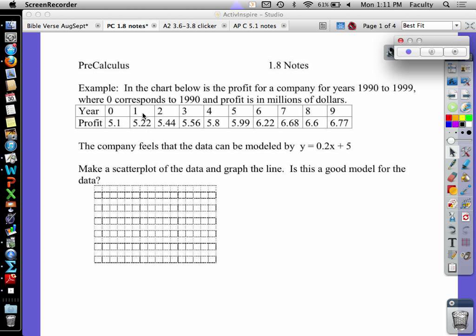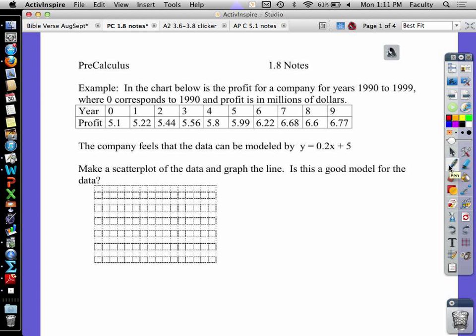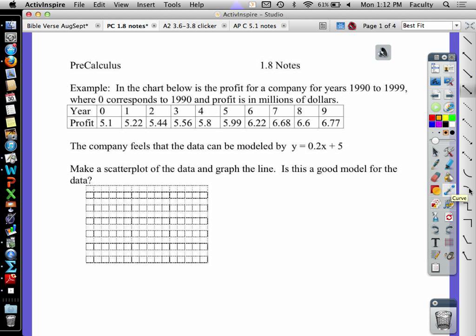Column 2 means in 1991 it was $5.22 million. The company feels the data can be modeled by y equals 0.2x plus 5. Make a scatter plot of the data and graph the line. Then answer the question: is this a good model for the data?